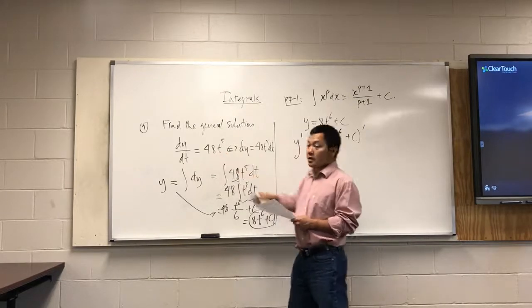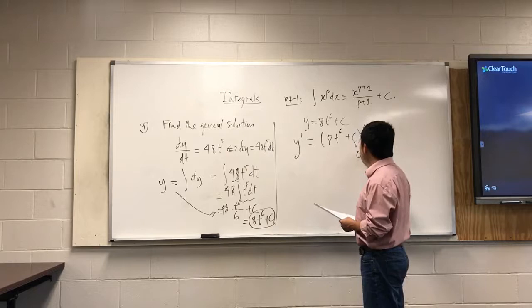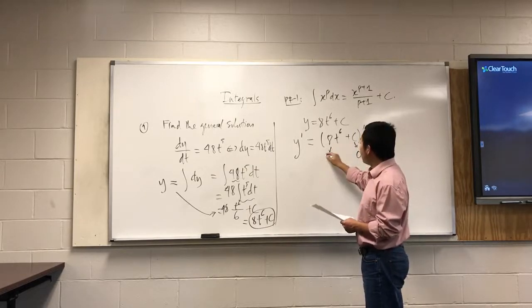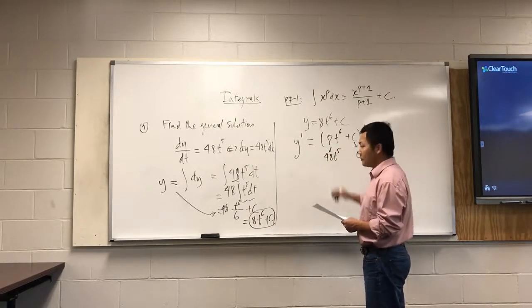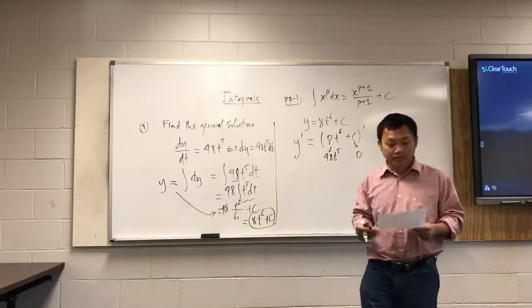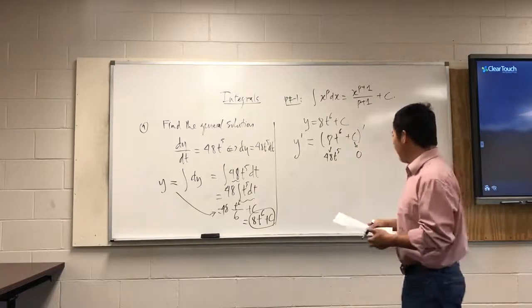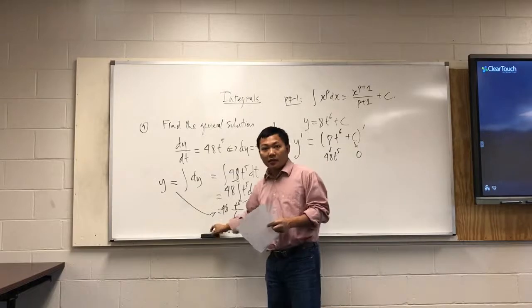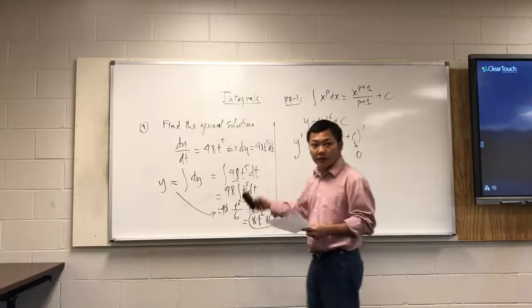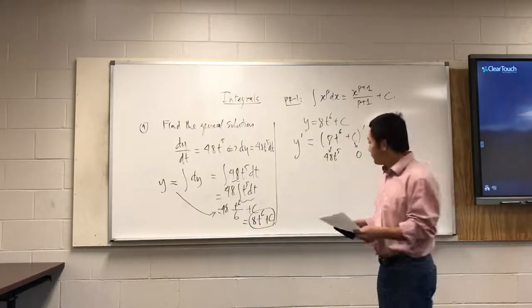Make sense? Of course, the derivative of c is 0 because c is constant, and this is 48t to the 5th. That is the first question, so I think you can solve this in 2 minutes, if we know how to differentiate and if we remember the power rule.